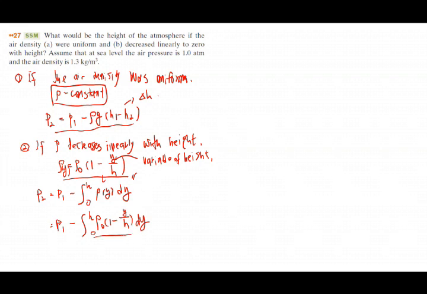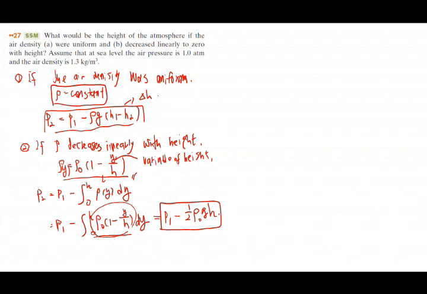Now you know how to integrate this, right? That should be P1 minus 1/2 rho naught g h. You see the difference between the two expressions with the two different conditions: one with constant density, and the other with a linearly varying density profile.